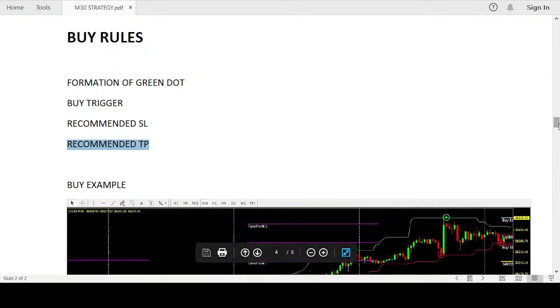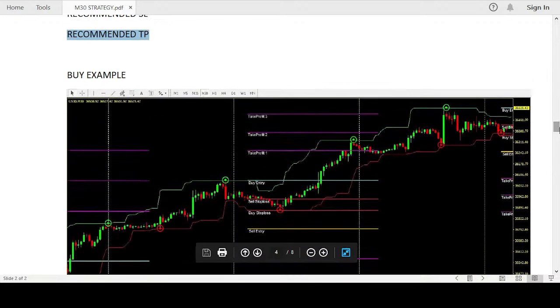So here's an image right here. As you can see, if you look to the center of the screen, guys, in this particular case there was a green circle dot at that point there. And then the market just played around a bit. The next day, it painted the buy and sell levels on the 30-minute chart.